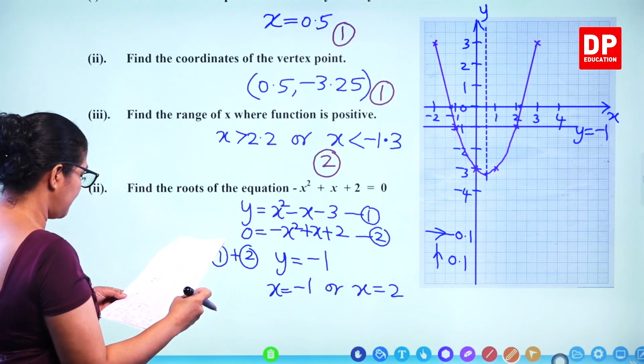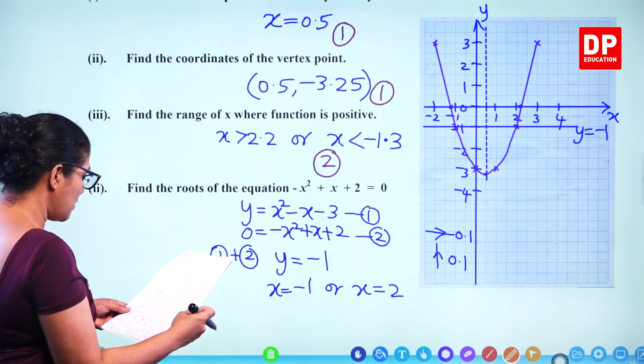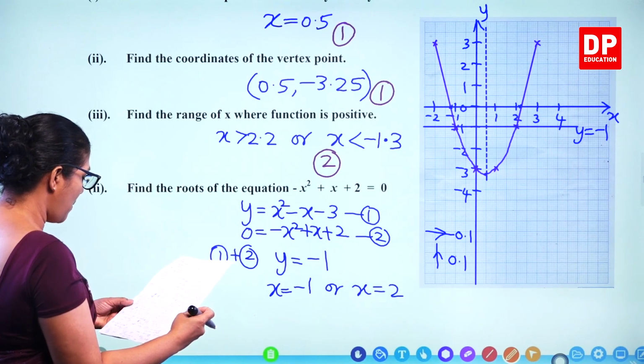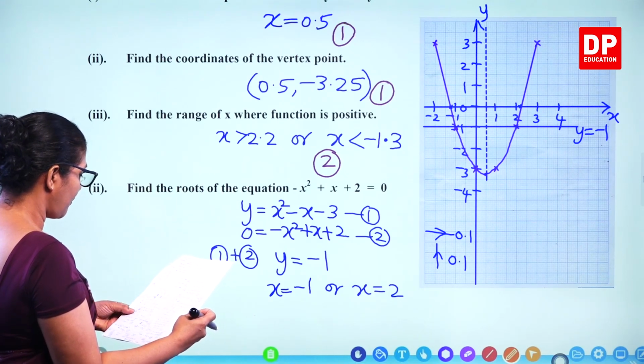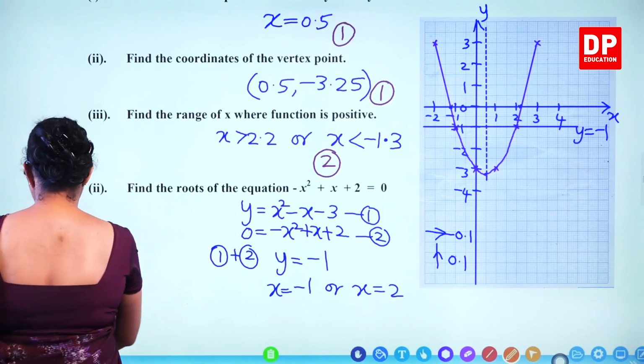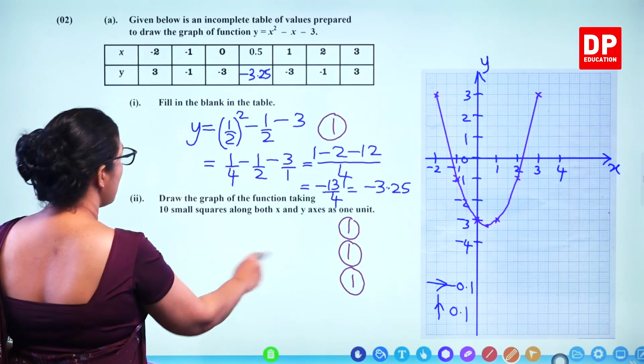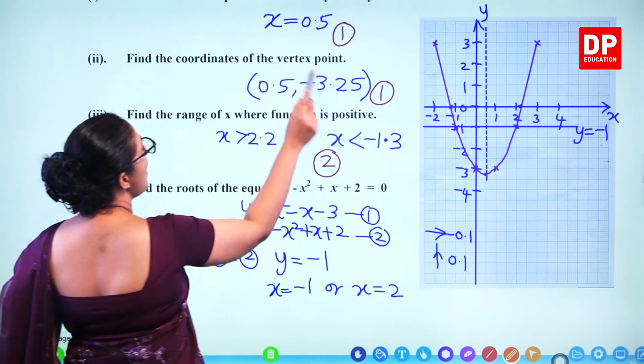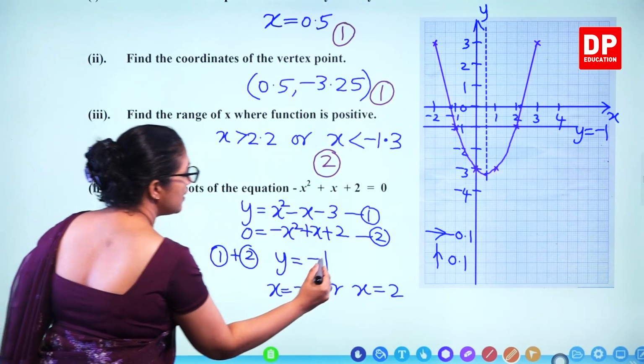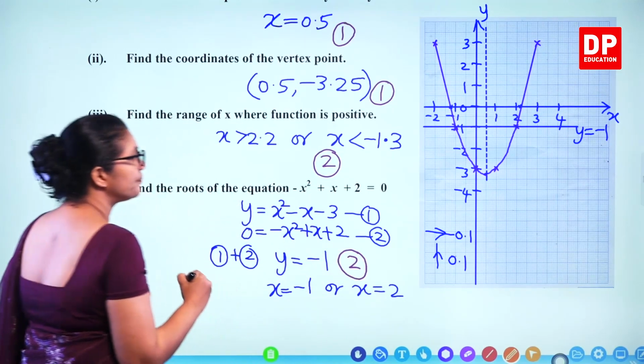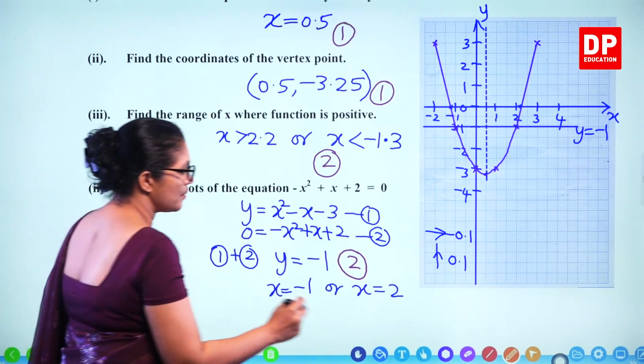And solving and finding the answers, you get how many marks? Earlier we gave 4, 5, 6, 7, 8, 9, 10, 2 marks for that. So 10 marks for that question.